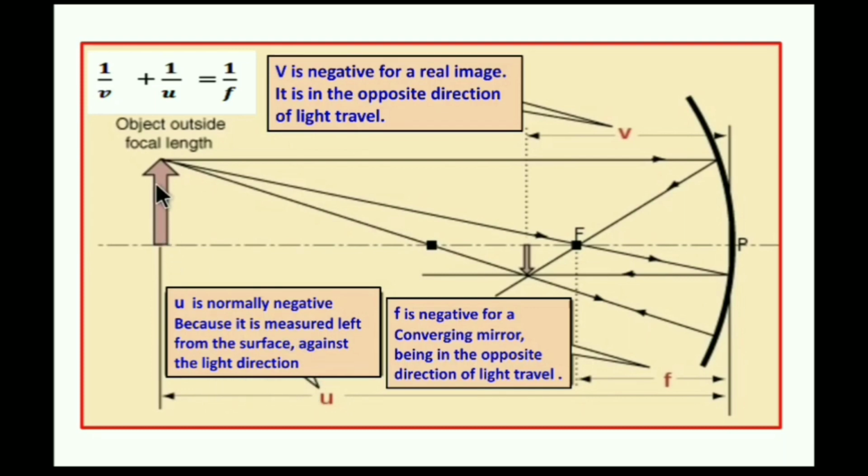When light rays from the object are parallel to the principal axis, they pass through the focus after reflection. Rays passing through the focus are reflected back parallel to the principal axis.